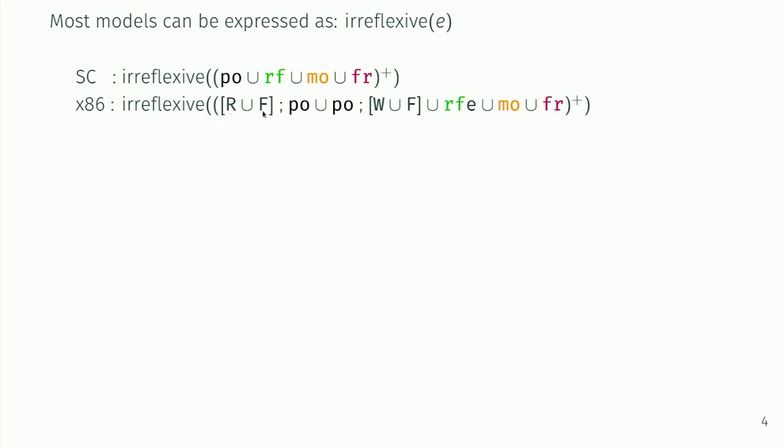This is the identity relation of the graph events that are either reads or fences, or PO that ends up in some write or a fence, and then takes RFE and MO, FR, and so on. So most models can be written as the irreflexivity of E in this form. And what we observed is that E is not just any relation that we can write in relational algebra, but rather it's an expression in Kleene algebra with tests.